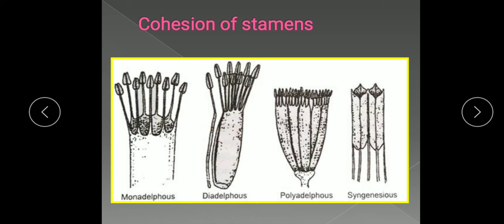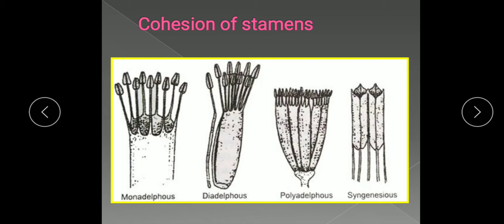For example, in Pisum, there are 10 stamens, of which the filaments of 9 stamens are united in one bundle, and the 10th posterior stamen stands apart. So you can see this stamen is separate and 9 are united. In this manner, two bundles are formed by the filaments of the stamens. This condition is known as diadelphous condition.